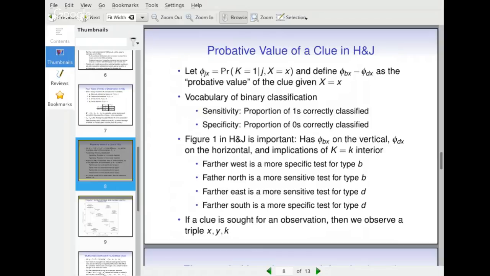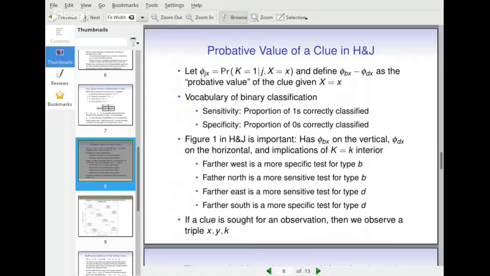Again, none of this is observable, but possibly estimatable. Like if we knew your J and we knew your X, how sure could we be that you're a 1? And the same thing with specificity, the proportion of zeros that you can get right, conditional on what you condition on. And clues can be more sensitive or more specific in terms of their ability to get you the information you're looking for.